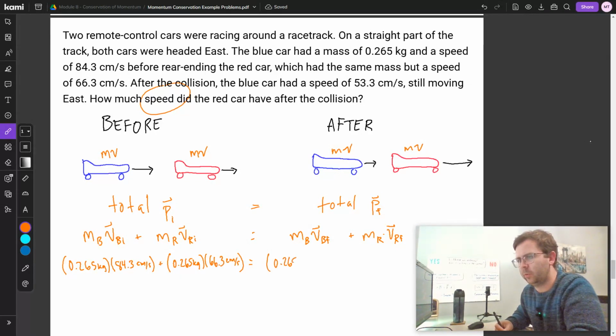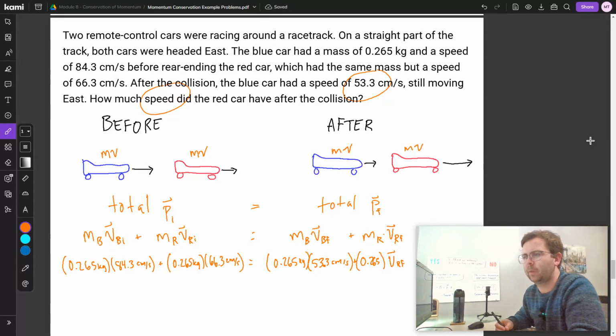All right, so I'll continue filling in the masses and the speeds. The after collision velocity of the blue car is 53.3 centimeters per second. And we don't know the velocity of the red car after the collision. That's what we're going to be solving for.